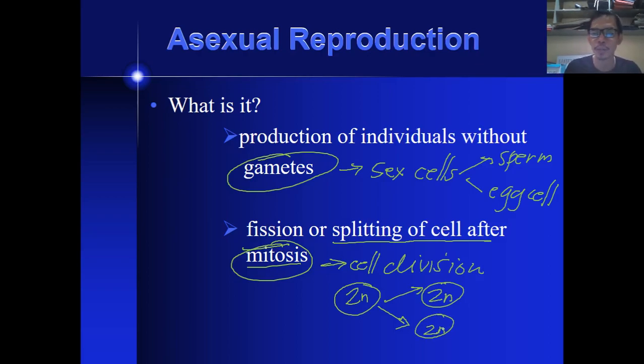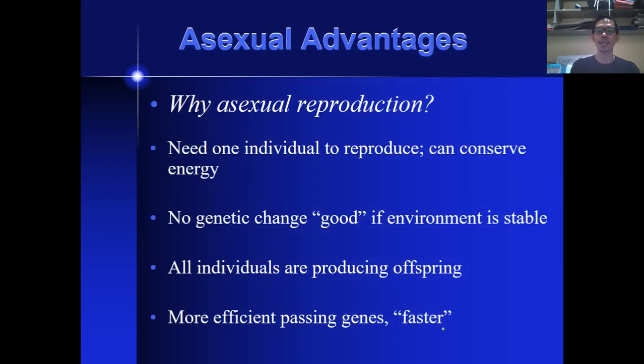Now, the organism that undergoes asexual reproduction follows the pattern of mitosis, and the daughter cell is an exact copy of its parent cell. So why asexual reproduction? What is the advantage of asexual reproduction over the other one?